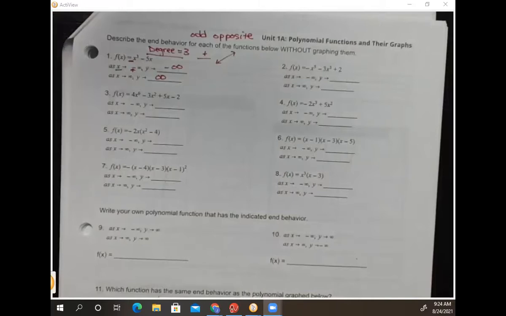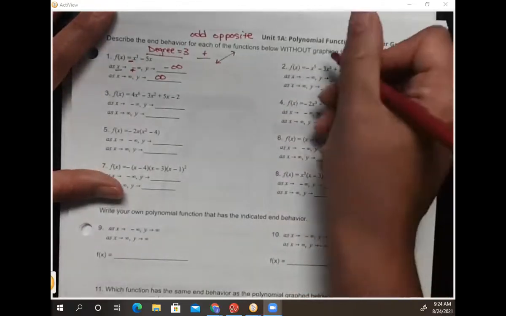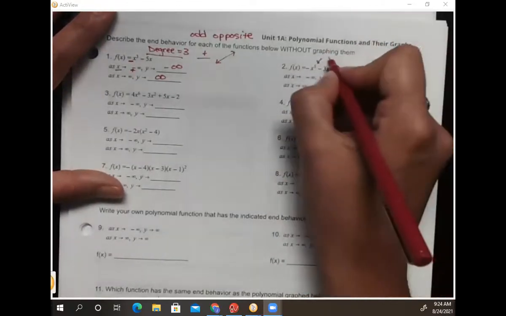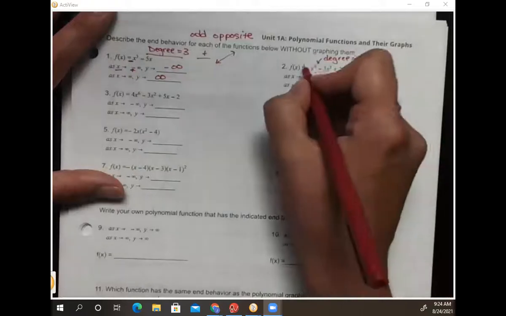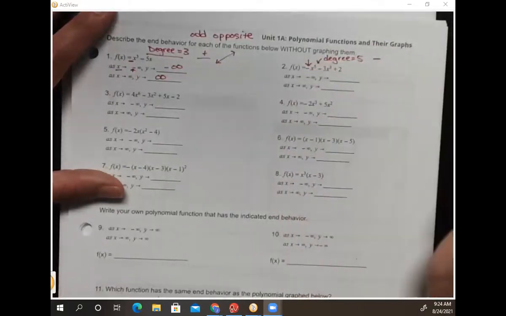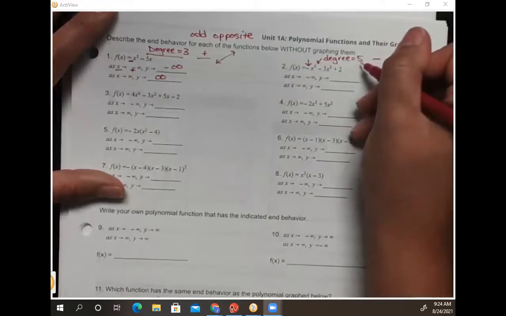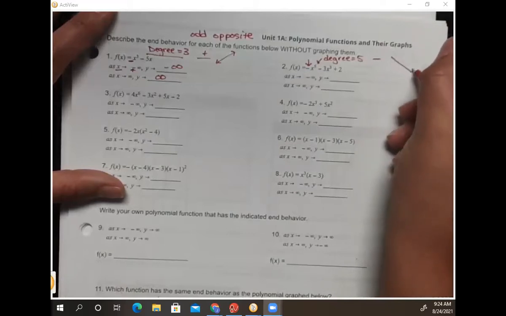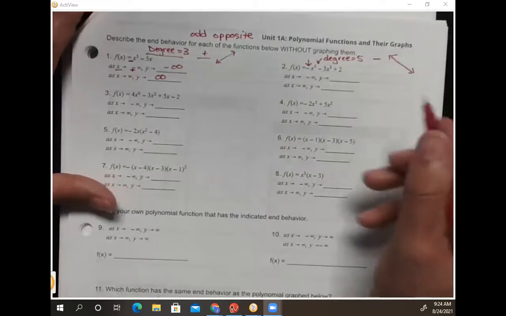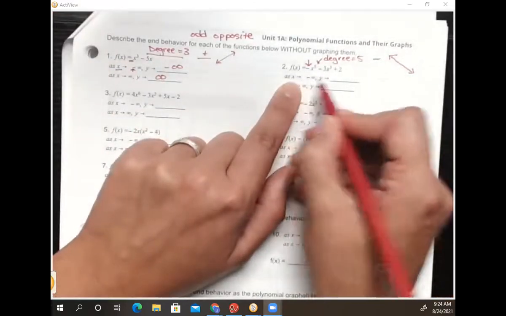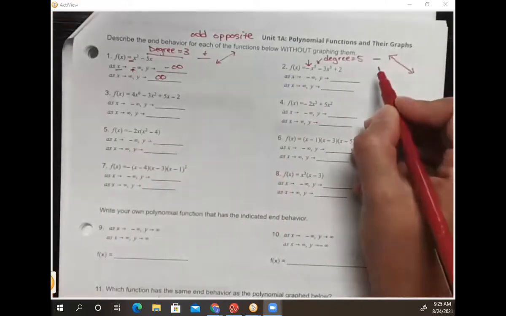So we'll do the same thing with number 2. I've got standard form here again. My degree is 5. And this time my lead coefficient is negative. Odd ends go opposite. Since it's negative, that would be like a line with negative slope. On the left side, when x would be a negative number, so that'd be over here somewhere, my arrow is pointing up.